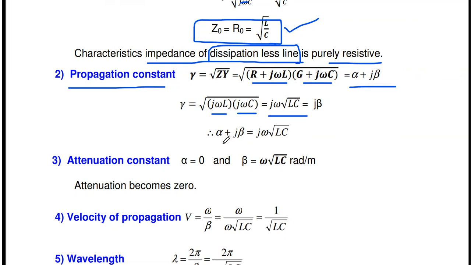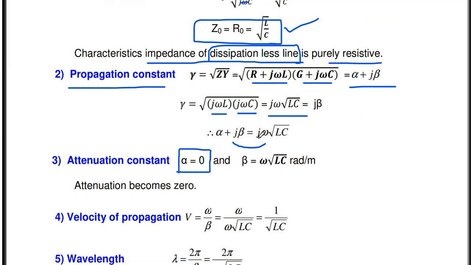If you compare this alpha plus j beta with our answer, j omega square root of LC, you see there is no real part, only an imaginary part. So what about the attenuation constant of a zero dissipation line? It is 0. If you equate the left-hand side and right-hand side, on the left-hand side the real part is alpha, and on the right side there is no real part. So the attenuation constant is 0.